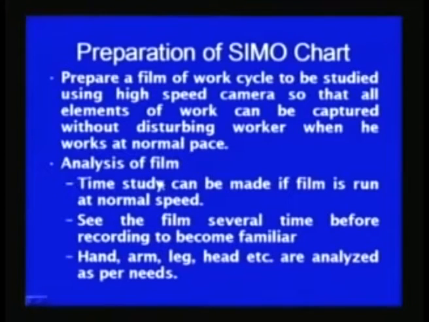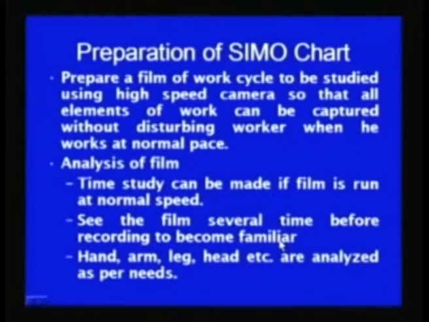That analysis can be used to see how much time is being taken by a particular activity or therblig or group of movements. So, the time study can be made if the film is run at a normal speed, and seeing the film several times before recording to become familiar.